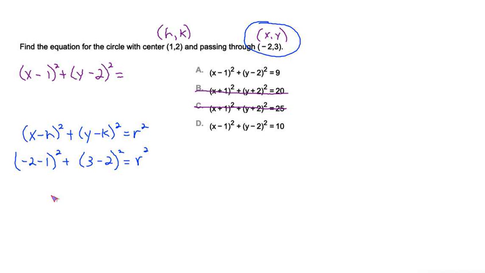And that gives me negative 3 squared, which is 9, plus 3 minus 2 is 1, squared is 1. So r squared is 10, and now, come to think of it, I really don't even need r. I do need r squared in my equation. So that's going to be 10, and now I see my answer is D.